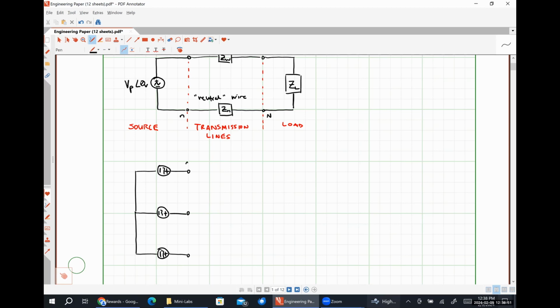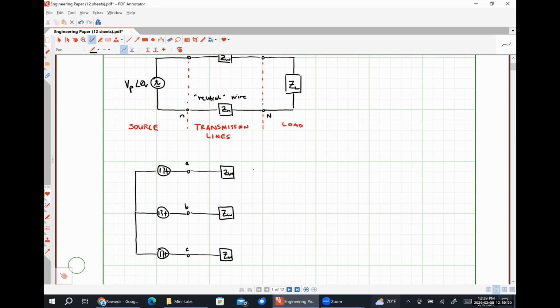I'm going to call this lowercase a terminal, lowercase b terminal, and lowercase c terminal, like so. Here are my transmission lines. So I'm going to have an impedance ZW here. Let's say another impedance ZW here. And a third impedance ZW here.